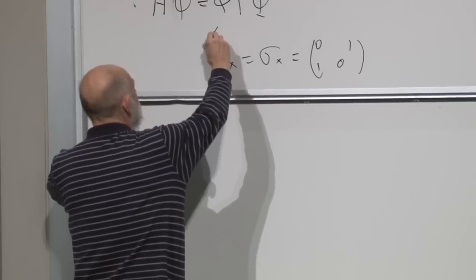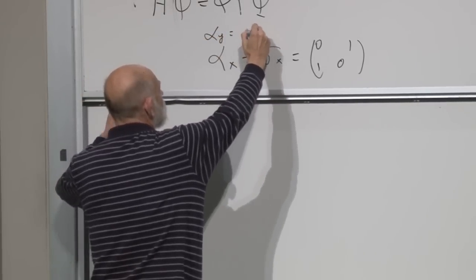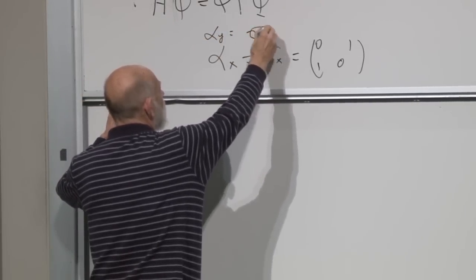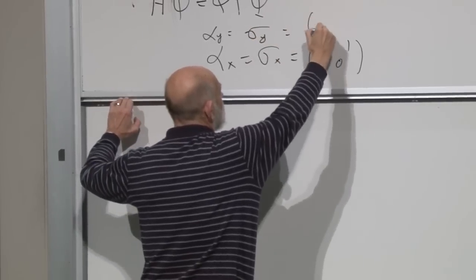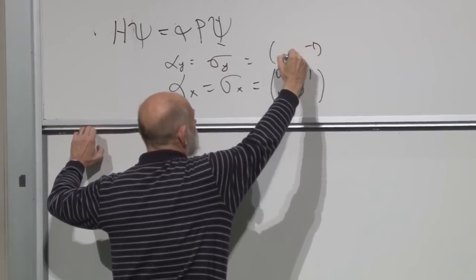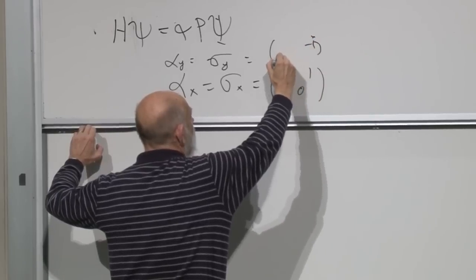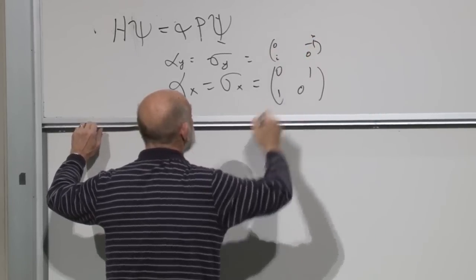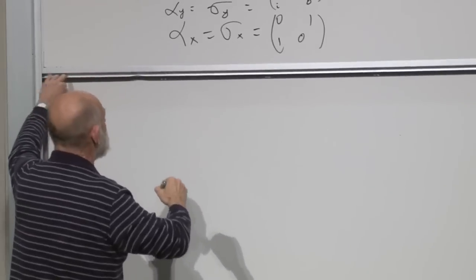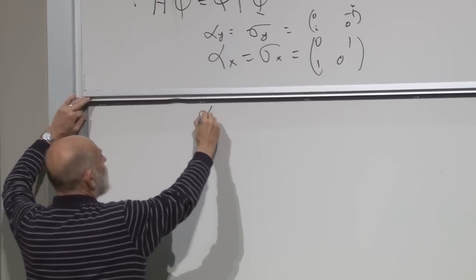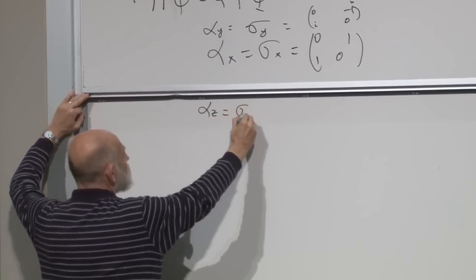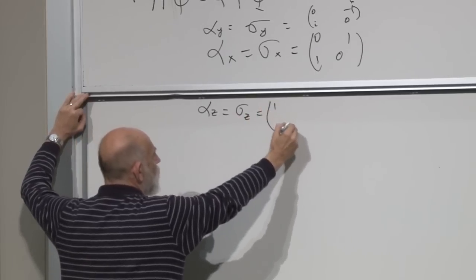Alpha y equals sigma y equals what? Minus i, i, 0, 0. And finally, the last one is alpha z equals sigma z, and that's the easy one to remember, 1, minus 1.